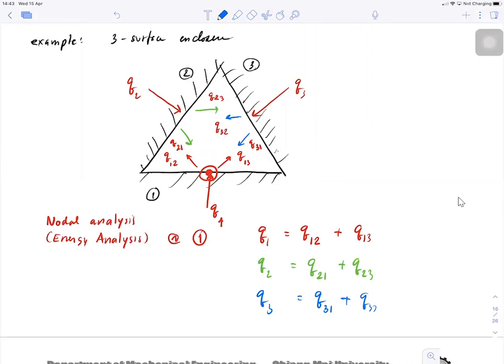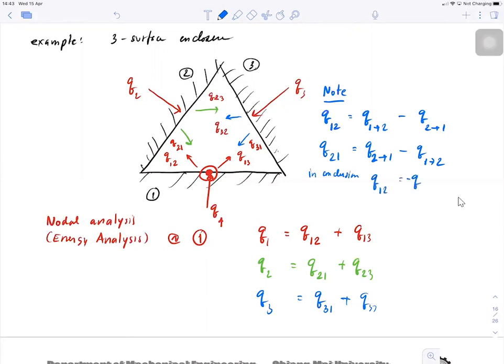And because Q12 is going to be equal to Q1 to 2 minus Q2 to 1, and Q21 is going to be equal to Q2 to 1 minus Q1 to 2, right? So in conclusion, Q12 is going to be equal to minus Q21.